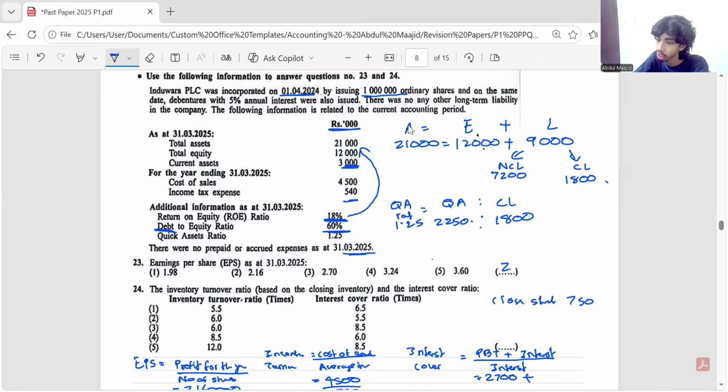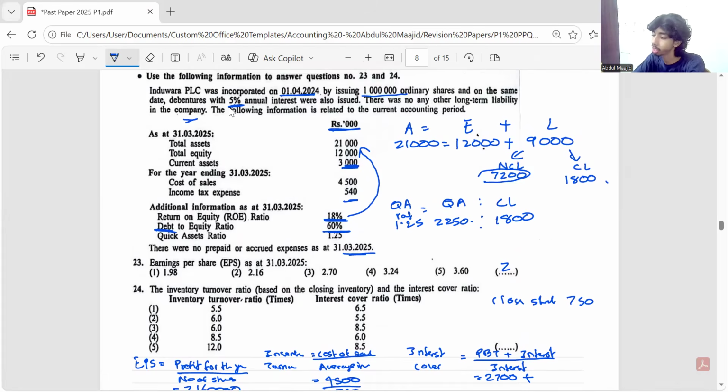Ordinary shares, and on the same date, see here, debentures with 5% annual interest were also issued. There was no other long-term liability in the company. That means the only long-term liability, the only non-current liability, is your debenture. For that debenture, you should give 5% interest.